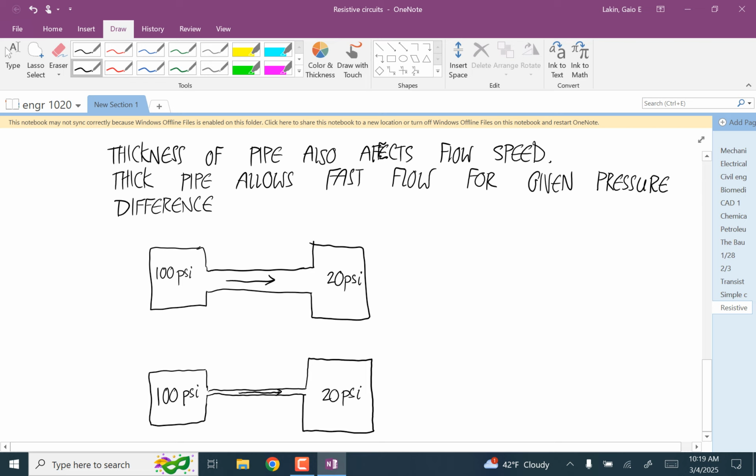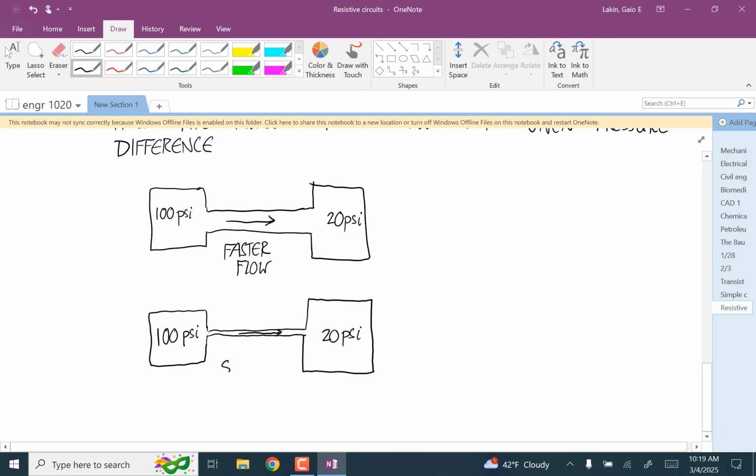A bigger volume of water is going to pass any part of that tube than in this case. Okay? Does that make sense? If you wanted to get 10 gallons of water to go from one side to the other side, you would get that done faster with a wider pipe than a thinner pipe with those same pressures.